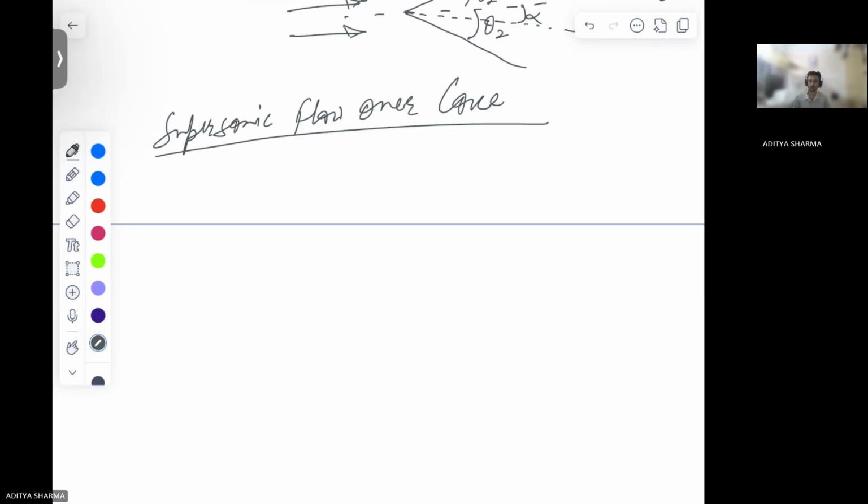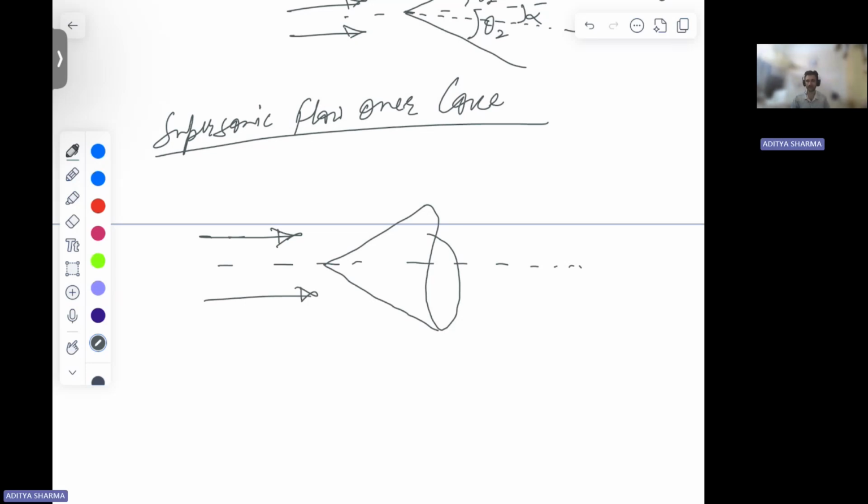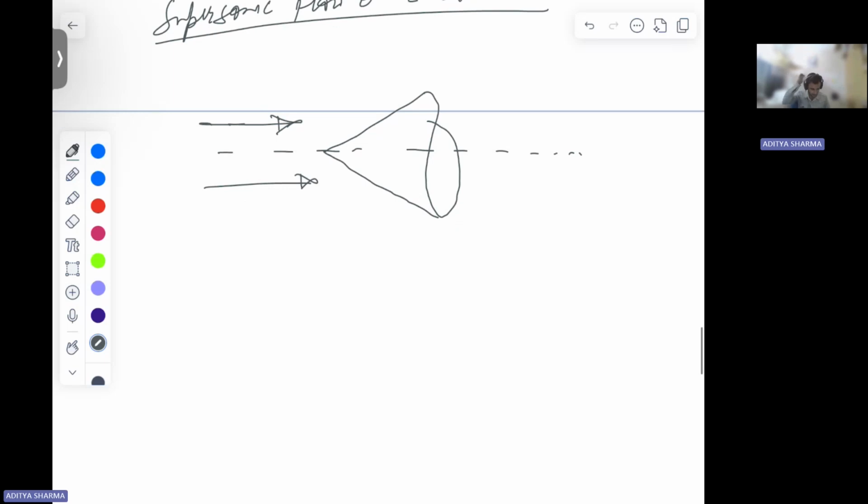Okay. Sorry, wedge was 2D. Now, what is cone? Cone basically is, you all know, right? So now if we have a flow for a cone and we compare it with the wedge. So what happens here is, this is theta, this is theta.